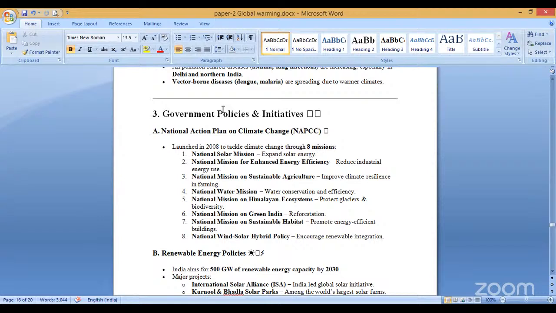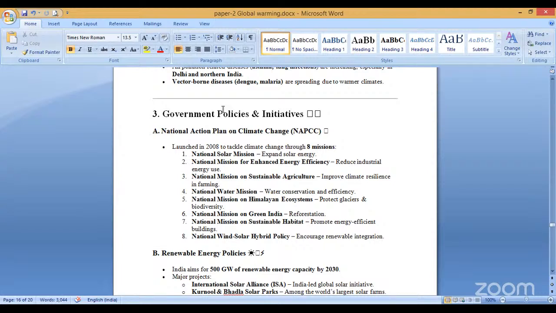National Solar Mission: expand solar energy. National Mission for Enhanced Energy Efficiency: reduce industrial energy use. National Mission on Sustainable Agriculture: improve climate resilience in farming. National Water Mission: water conservation and efficiency.